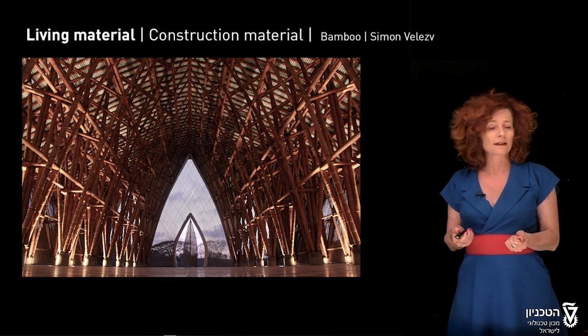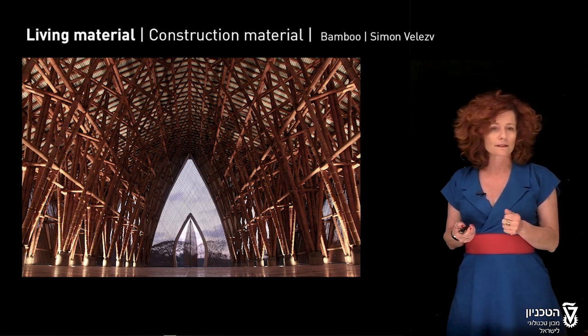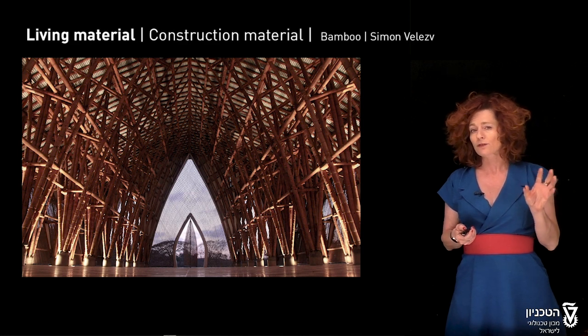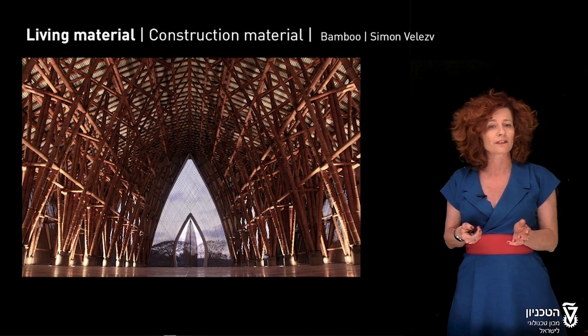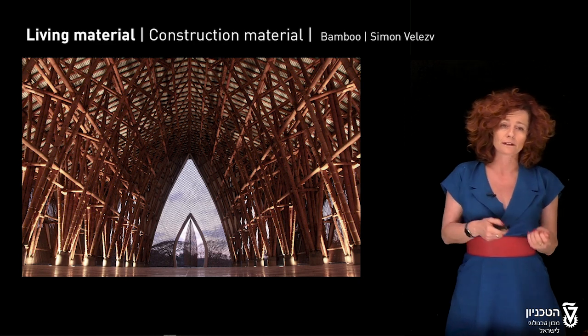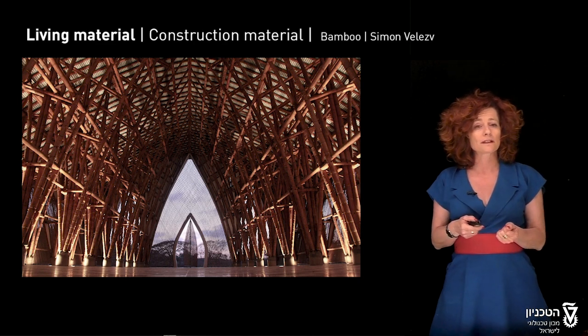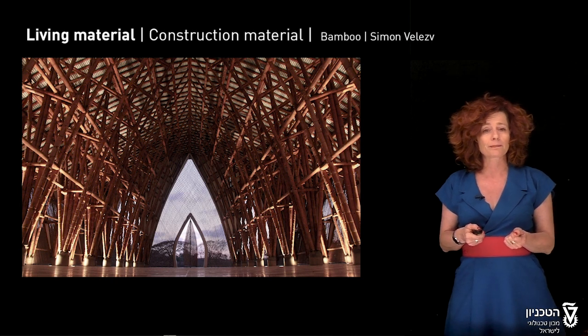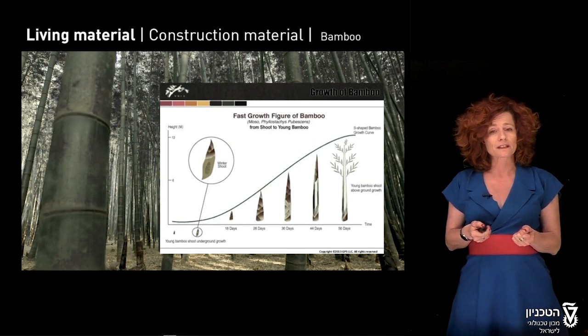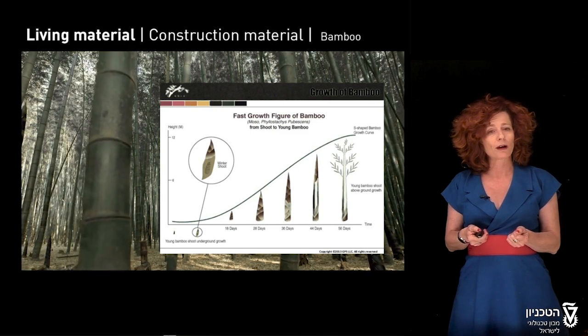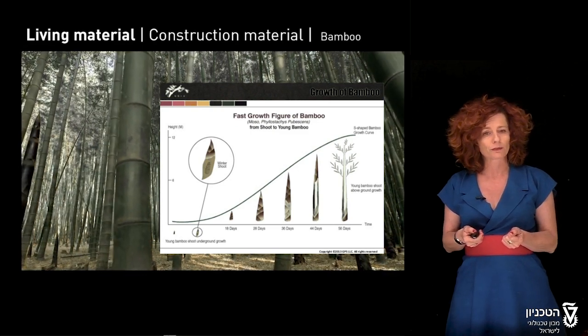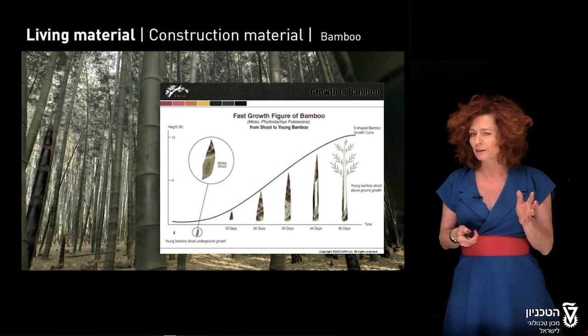Our interest today as architects in this material is not only as an interesting structural mechanical model, but as a material for construction itself. So taken from vernacular architecture, it is industrialized today and applied mainly for its extremely fast growth rate. This material can grow up to over 1 meter in 24 hours, over 12 meters in 50 days.